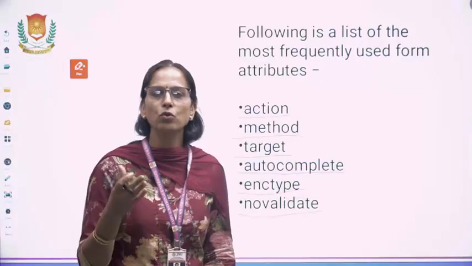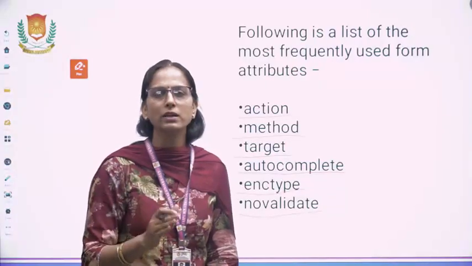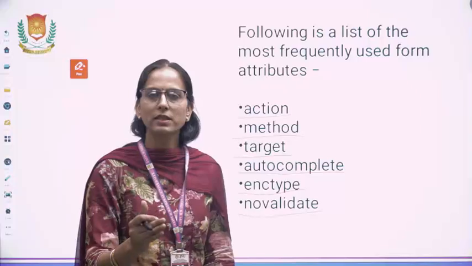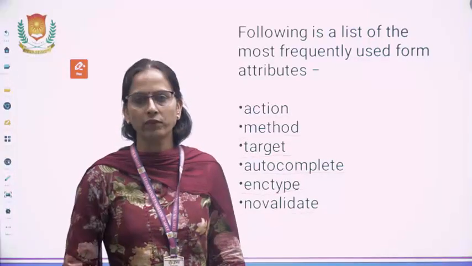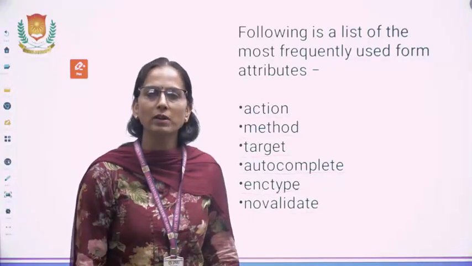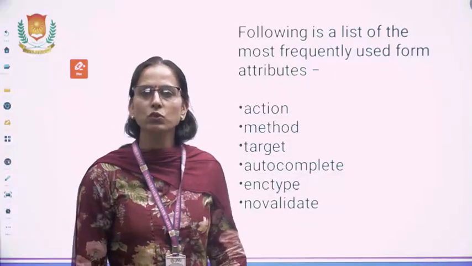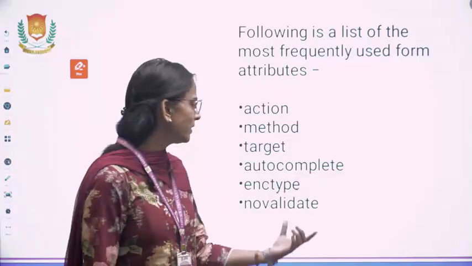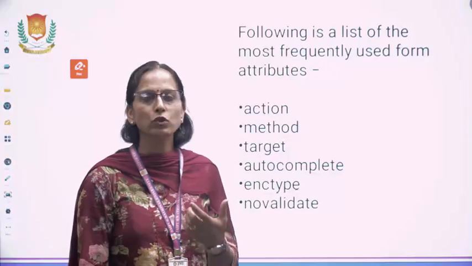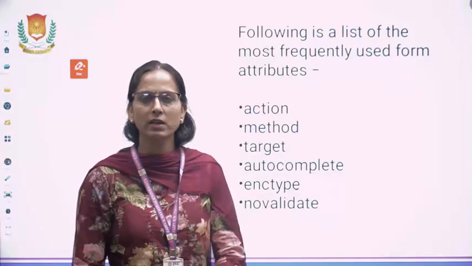There I have to restrict that marks should not be less than 50. Those who have got marks less than 50, their marks will not be accepted. So in the validation rule we can specify the condition.